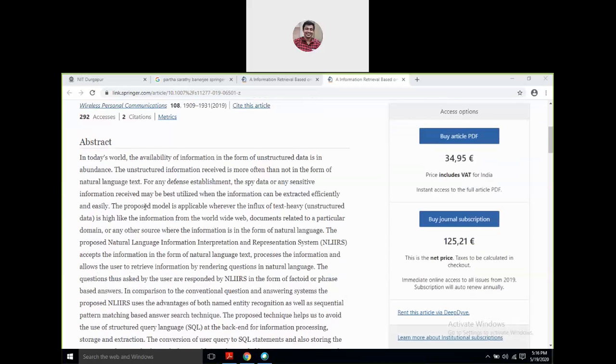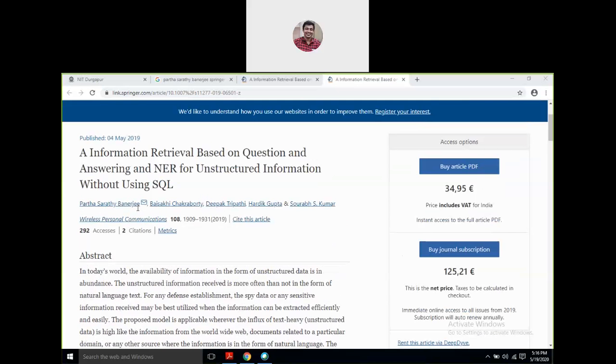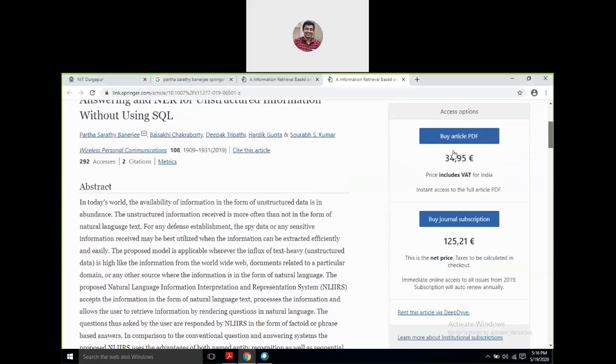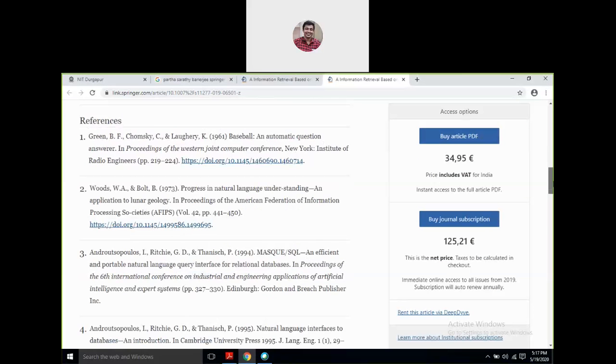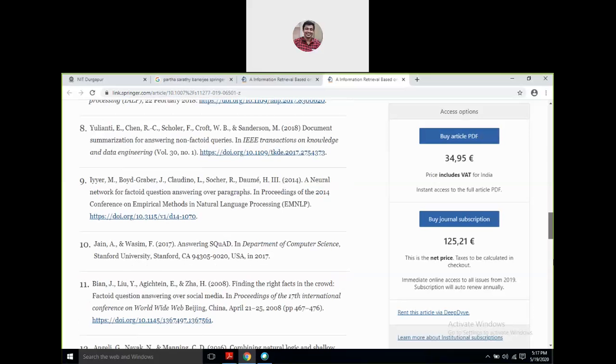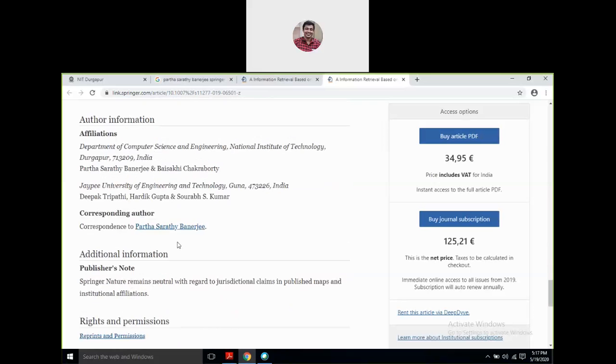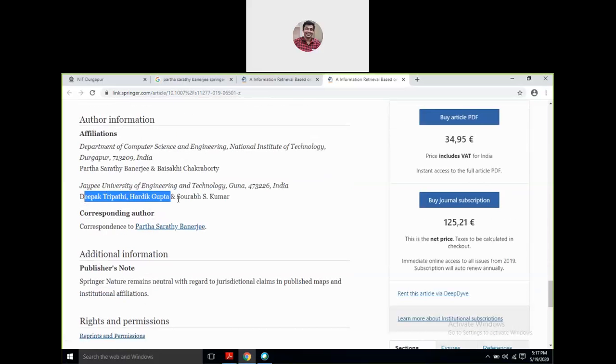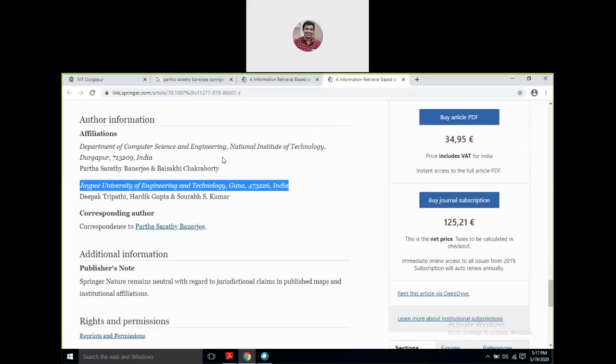So this is a pure natural language processing work on which the people of JUET have worked with me, and she's obviously my teacher out here, and they are all my students. You can see them here: Deepak Tripathi, Hardik Gupta, and Saurav S. Kumar from our JUET itself.